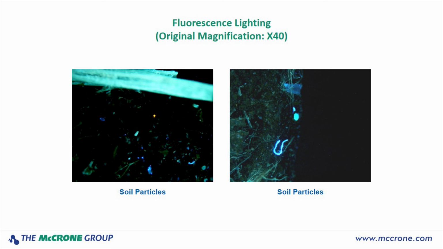And again, using these types of conditions, one can go in and select specific materials based on their fluorescent colors to sort them out and separate them for various analyses purposes.